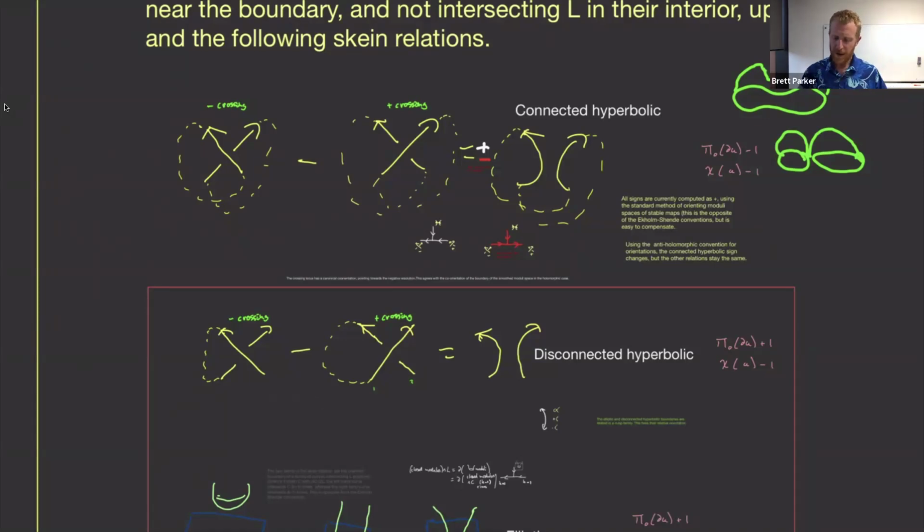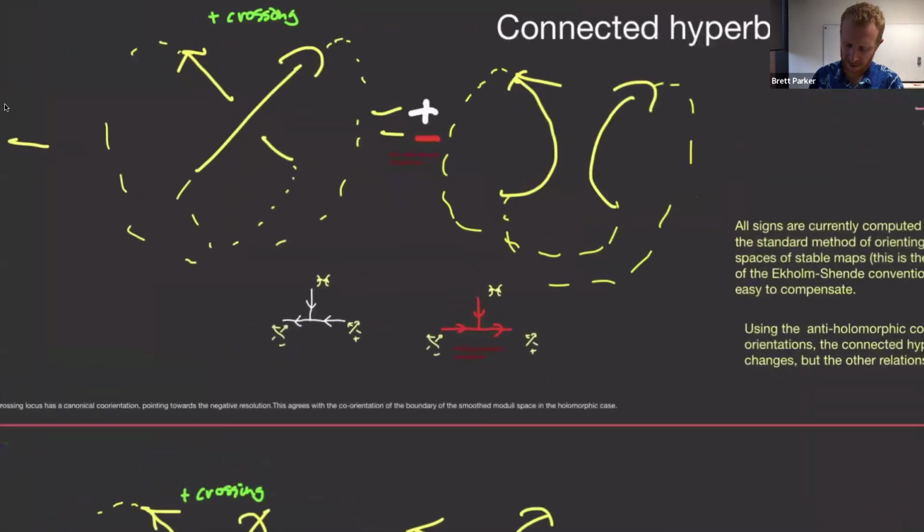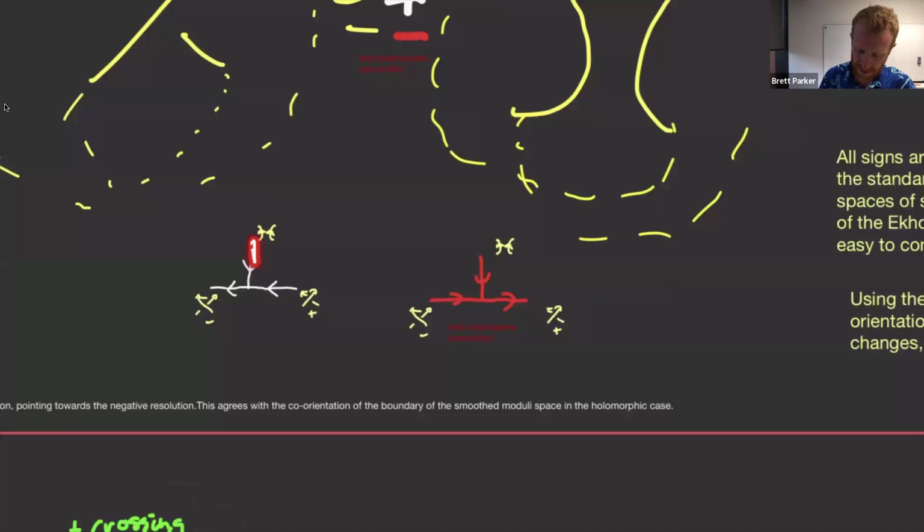I'll just say that the signs in these Skein modules, Skein module relations, tell you something about the relative orientation of this glued moduli space here compared to these unglued ones.